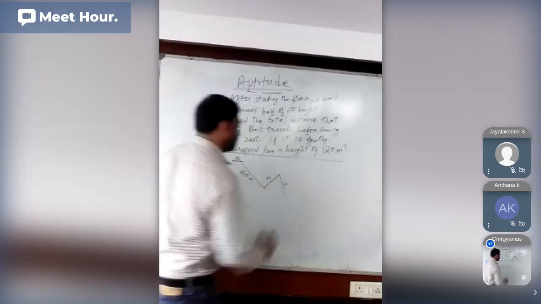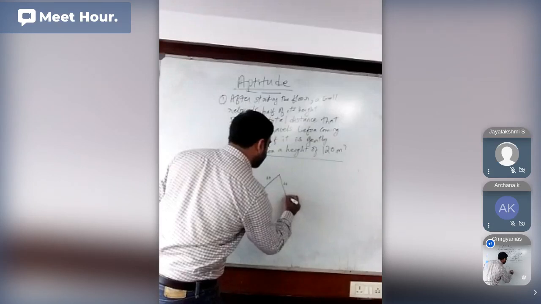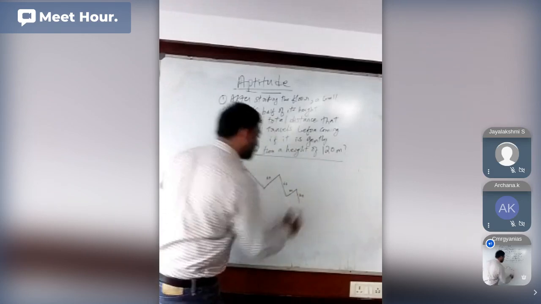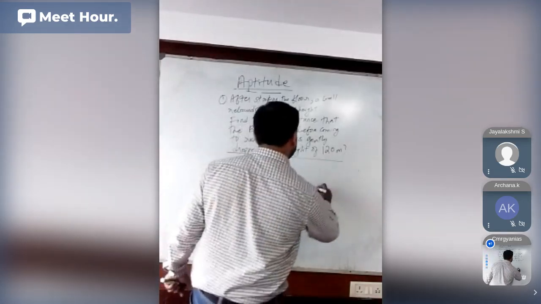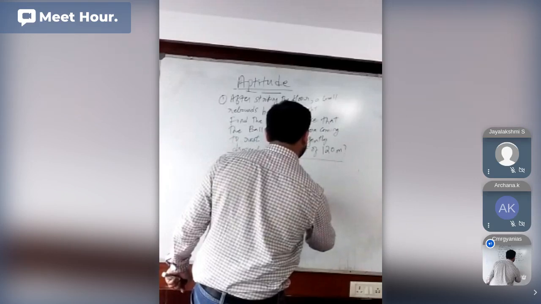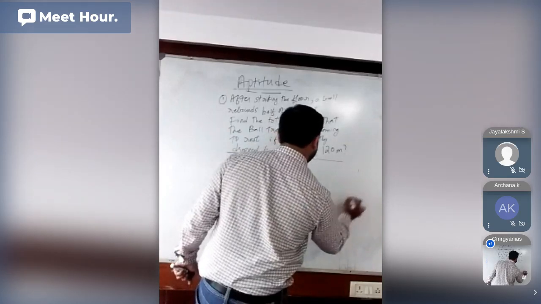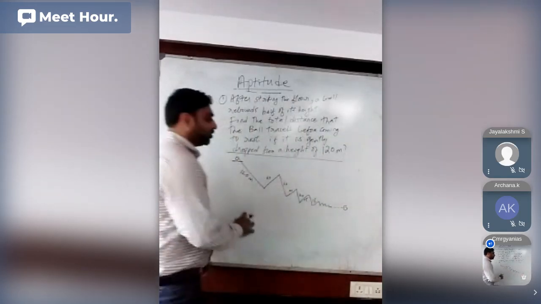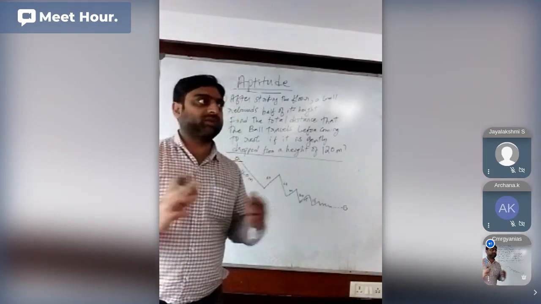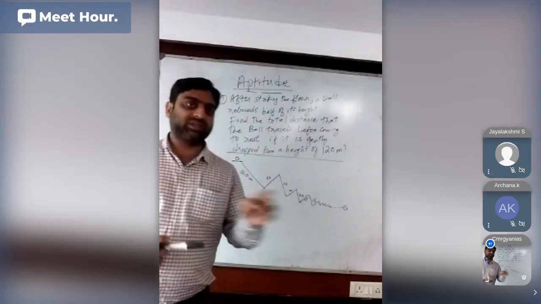Again, it comes back 60 meters. Now, after this, it is bouncing half of it, so it goes 30. Again, it comes down 30. Next, it goes up by 15. It comes down by 15. So, like this, it happens until at one point of time it comes to rest. So, what is the total distance that the ball has traveled? That is the question they are asking.